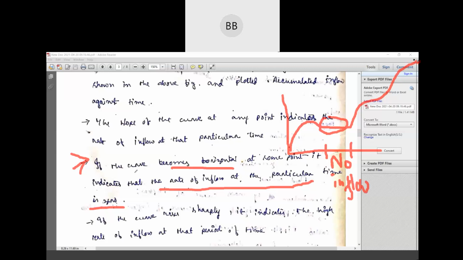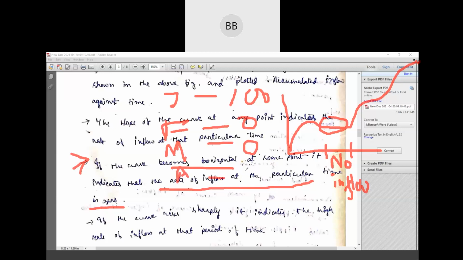Your third point is if the curve becomes horizontal at some point, it indicates that the rate of inflow at that particular time is zero, because we have taken accumulated values. Suppose in January you have 100. February there is no flow, zero. March is zero. Then April we have 50.